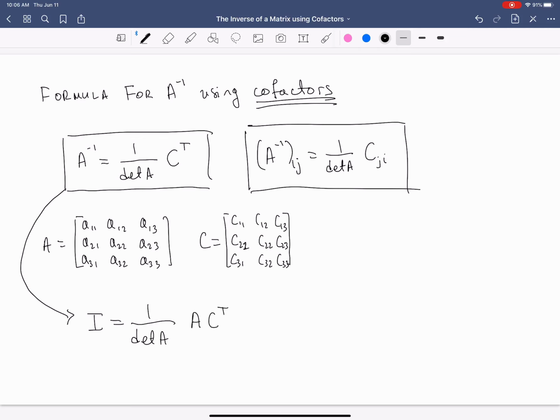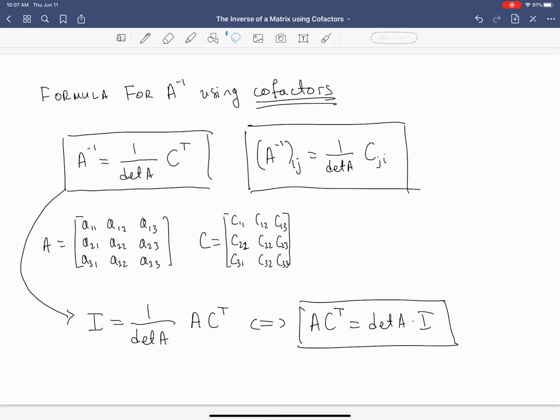Then I can multiply both sides by the determinant of A. That gives an equivalent expression: A times the transpose of the cofactor matrix equals the determinant of A times the identity matrix. Actually, this formula is easier to demonstrate to be true.